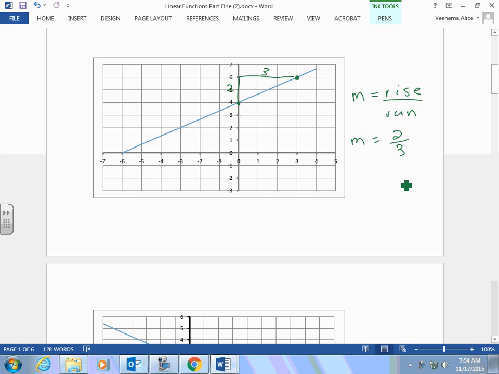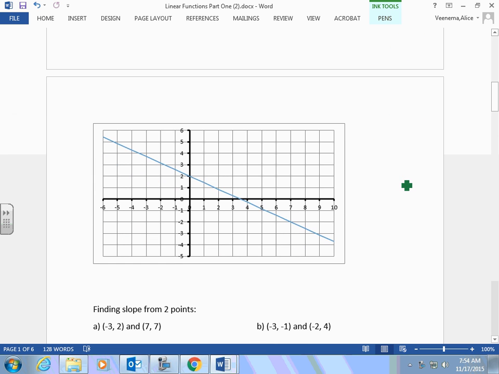Let's take a look at the next line here and do the same thing. So let's find 2 convenient points on the line. There's one here. And if I just go across the line, the next nice point seems to be here. So as I go, and always go left to right, okay? So my slope is rise over the run.